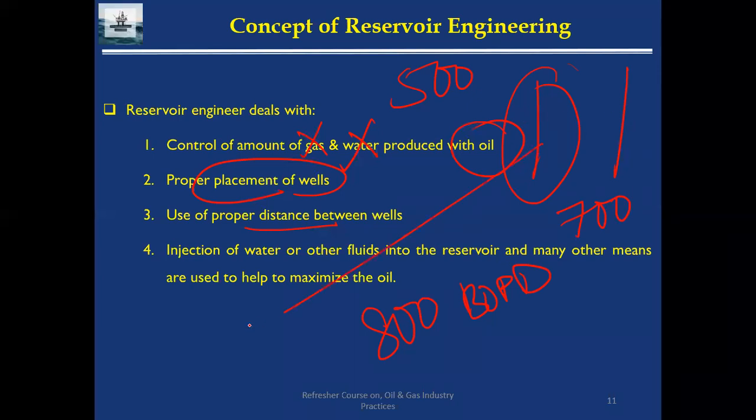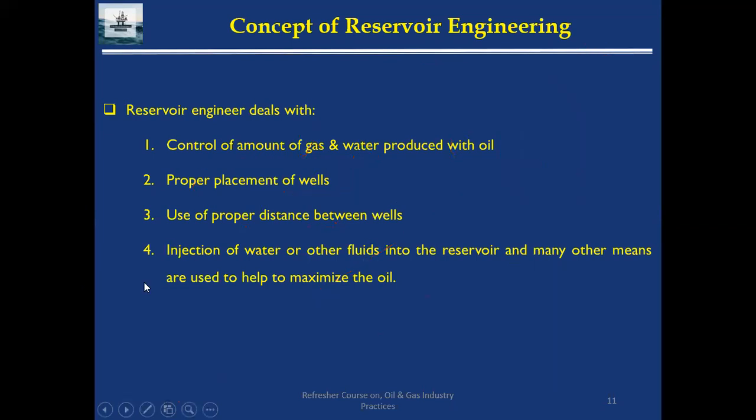But in the case of this well, it has dropped to some 100 barrels, and the other 600 barrels is recovered from this particular well. So the previous well, which was giving good productivity, has now dropped drastically. Why? Because there was no good consideration of the distance between the wells.